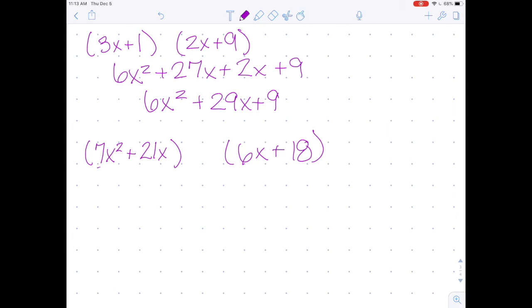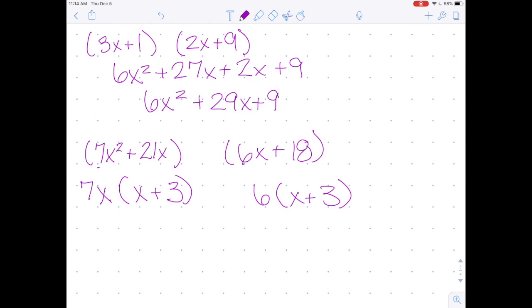This one does not. So we are going to factor out the 7x plus 21. We can take out a 7 from both 7 and 21 and an x from both of those. And we're left with x plus 3. In this one, we can take a 6 out of each of them. So we're left with x plus 3.